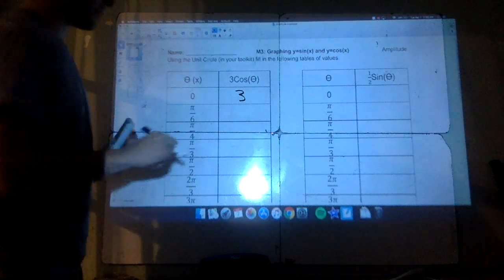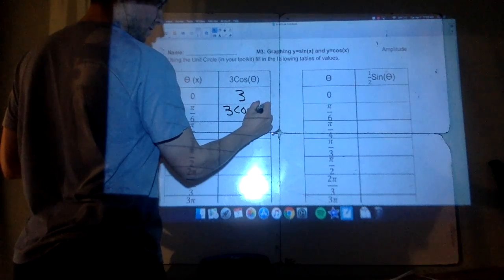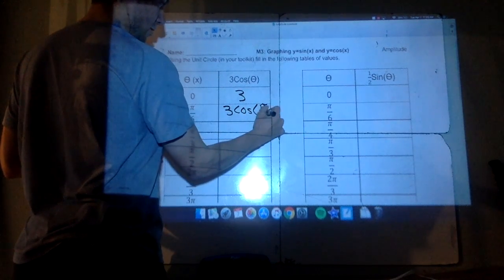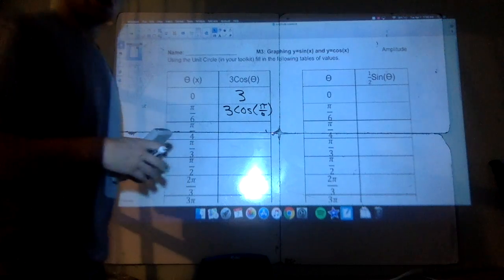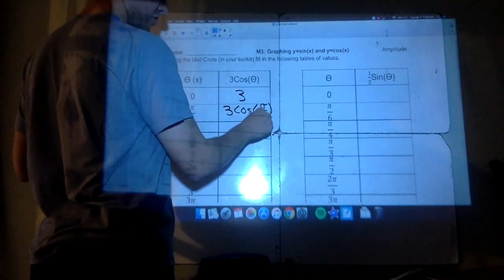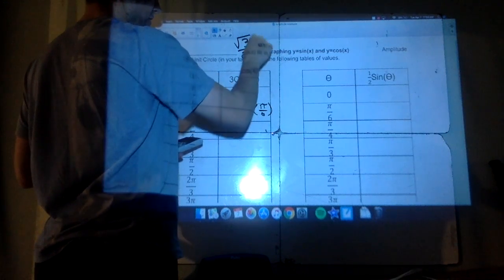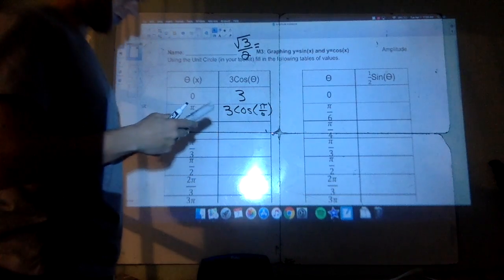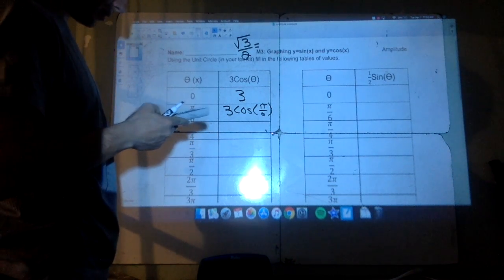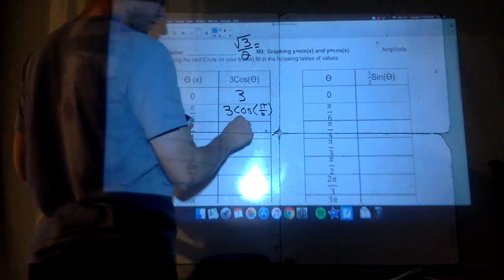Next we're going to do pi over 6. So we're going to do 3 cosine of pi over 6, and the cosine of pi over 6 is the square root of 3 over 2. If you're like me, I like to just have that noted, because the square root of 3 over 2 is 0.87.